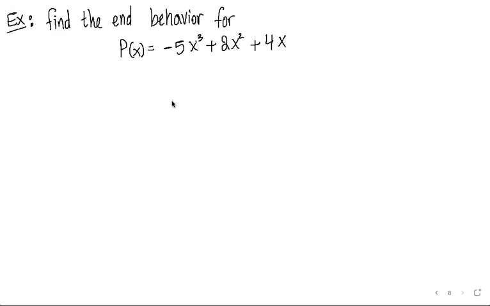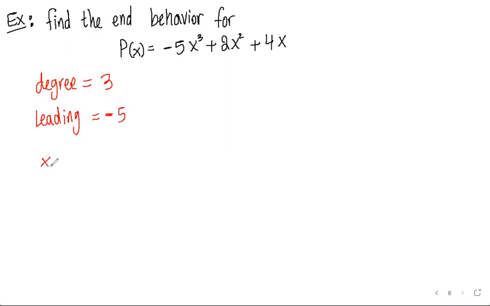Who will do this one? Can you start by giving me the degree? The degree is 3. And what is the leading coefficient? It's -5, so it's negative. So the end behavior, y is going to be very negative.